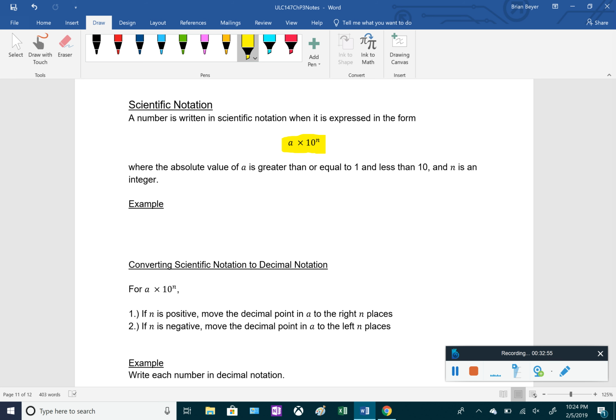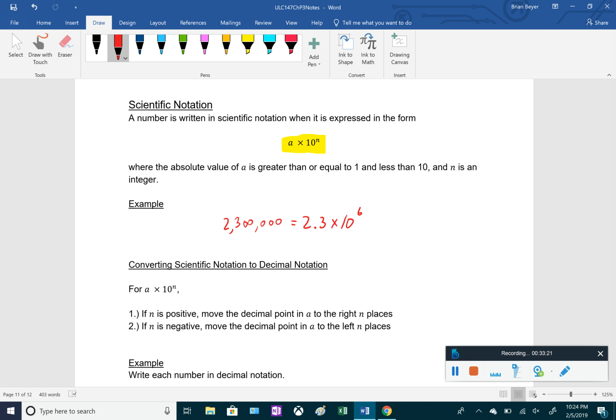And n is an integer here. So for example, if we have something like 2,300,000, that's the same thing as 2.3 times 10 to the 6th.